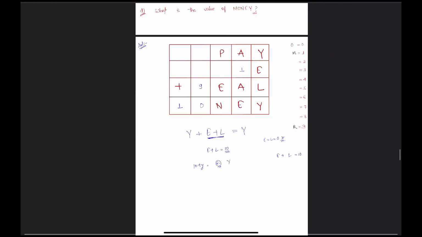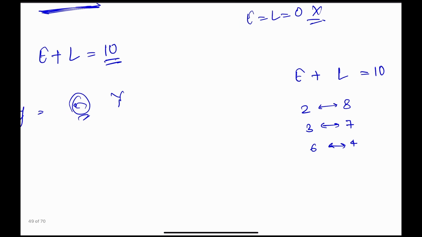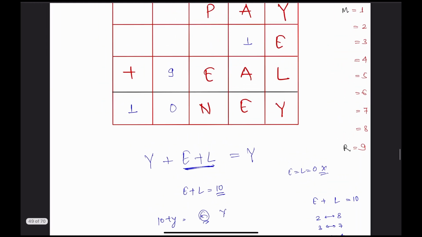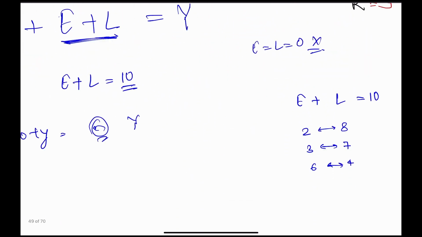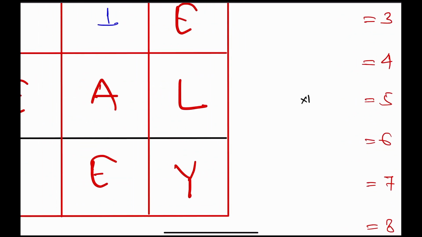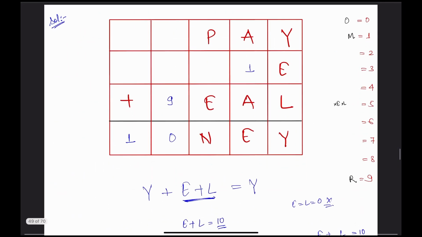So what are the possible values of E plus L? 2 and 8, then again interchange is there, 3 and 7, 6 and 4. These are the only possible values, because I have already written the interchange over here. But one thing I can say, that neither of E and L is 5. Okay, so one thing is done for sure.